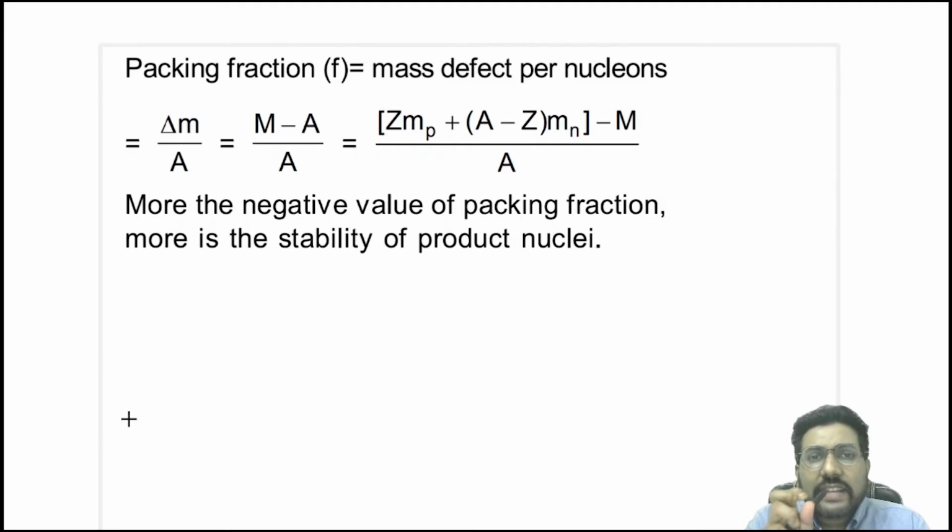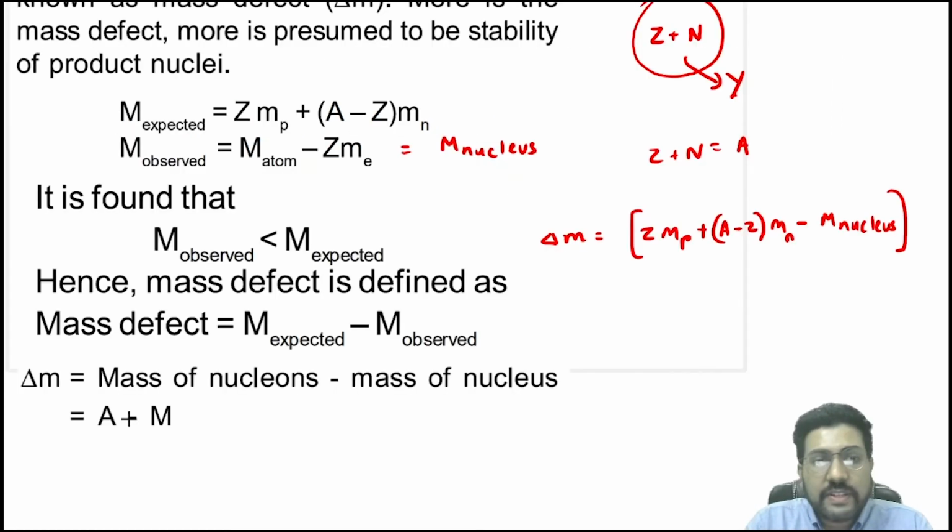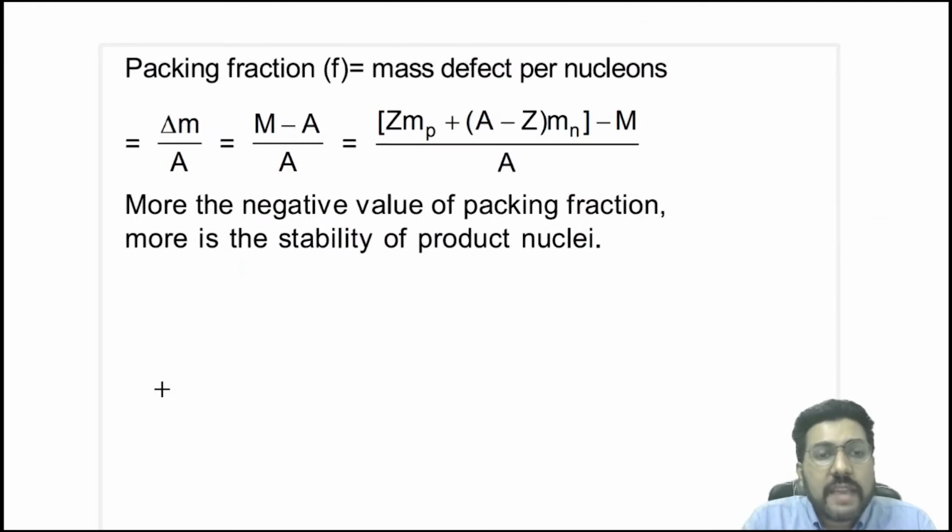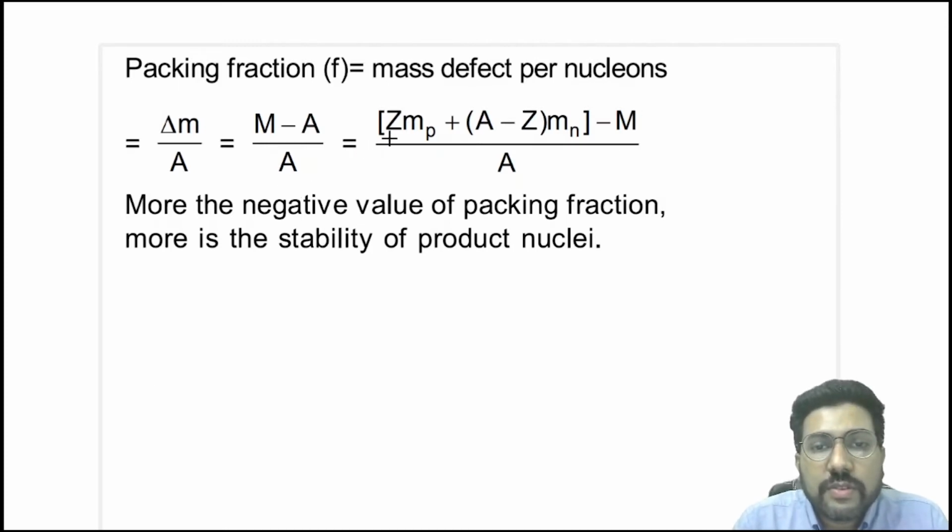So packing fraction is defined as mass defect per nucleon. Now what is mass defect? Mass defect, now only we discussed, the mass defect is A minus M, right? So the packing fraction is A minus M divided by the number of nucleons, that is A.